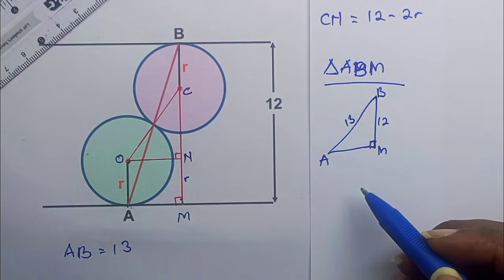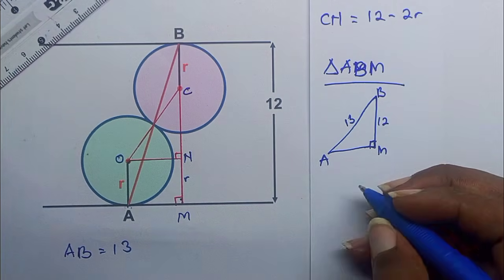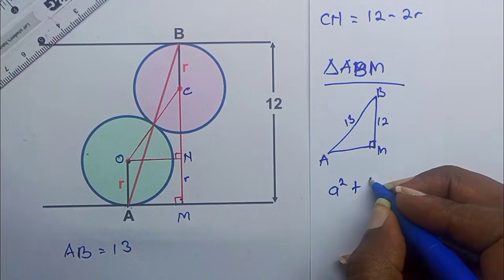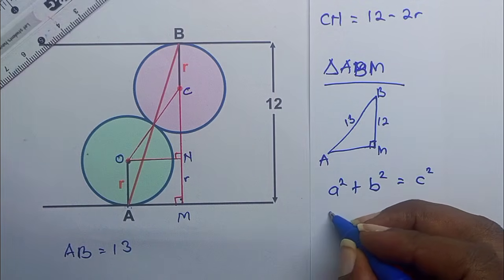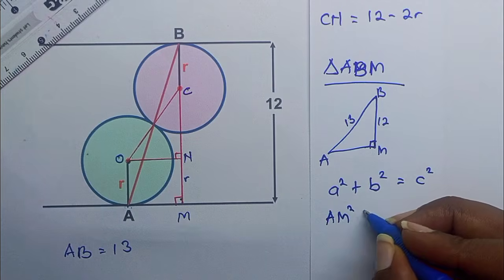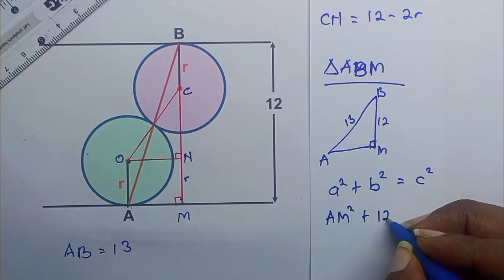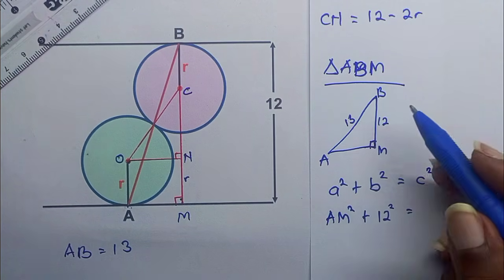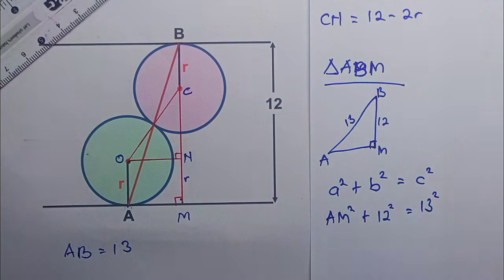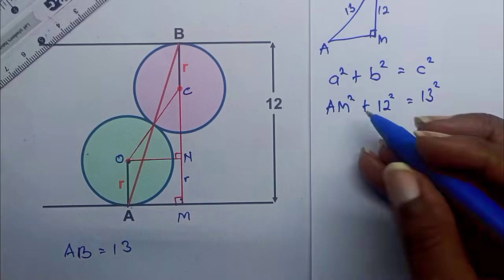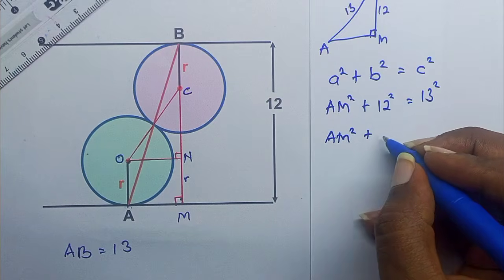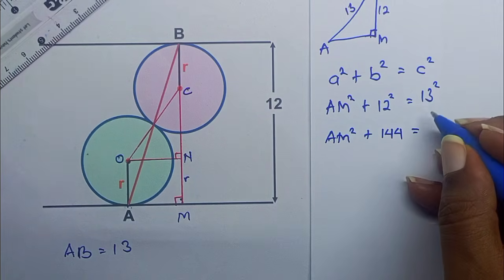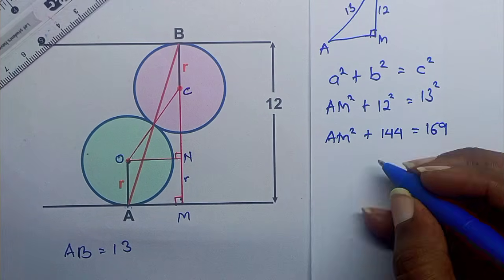So we are going to use Pythagoras theorem to solve. So A squared plus B squared is equal to C squared. Our A is AM. So AM squared plus our B is 12. This is equal to our C is 13, 13 squared. AM squared plus this is 144 is equal to 169.